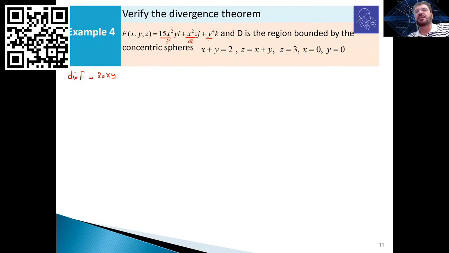The derivative of this, this is R, with respect to z, it's 0. That's it. So this 30xy is our divergence. So the flux is equal to the triple integration of 30xy dV over D. Now, what is our D? This is the problem. Look at this. I'm going now.